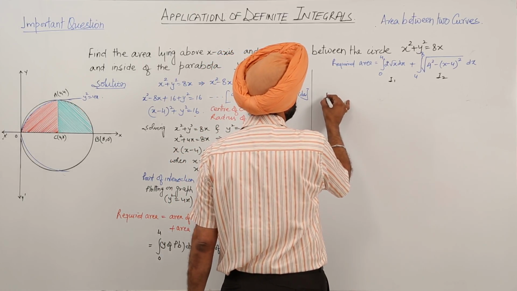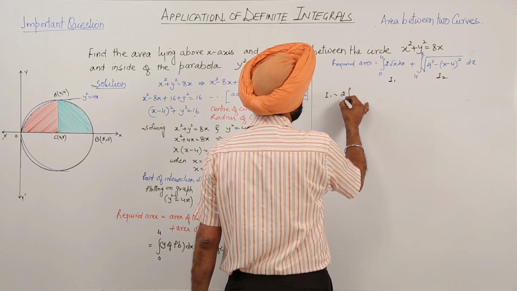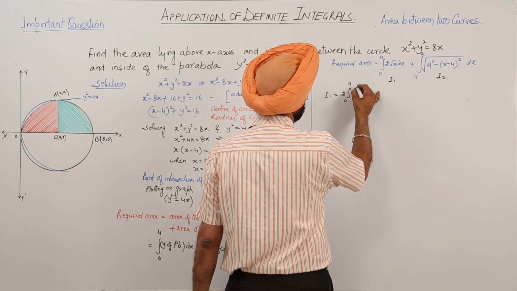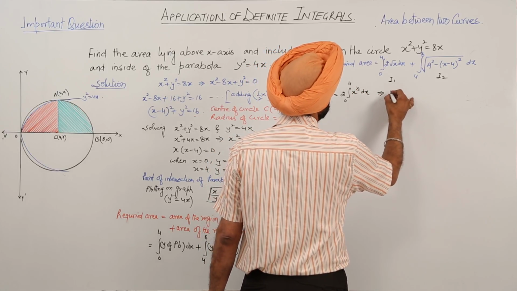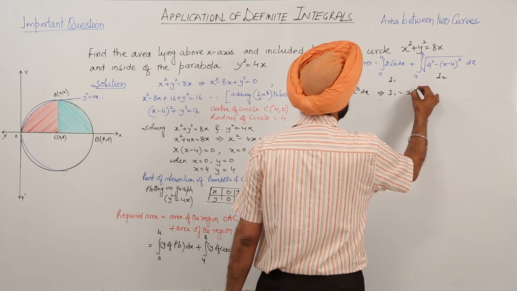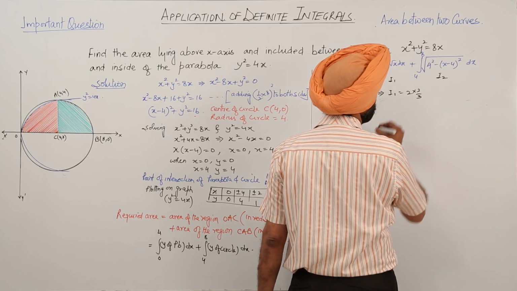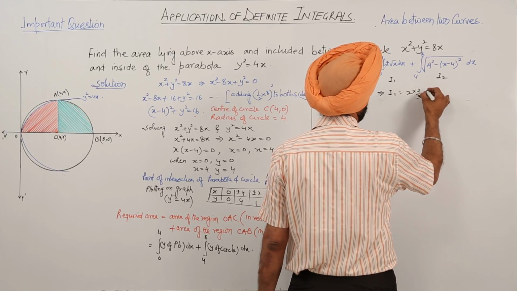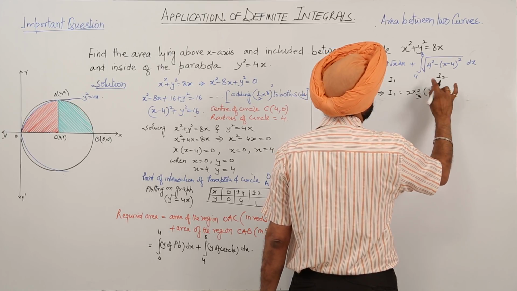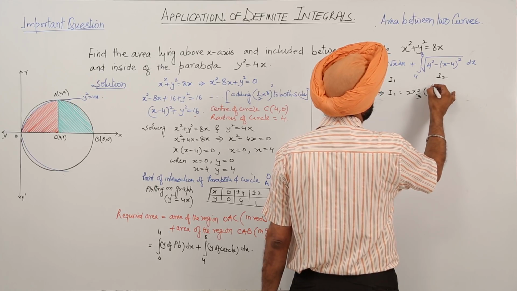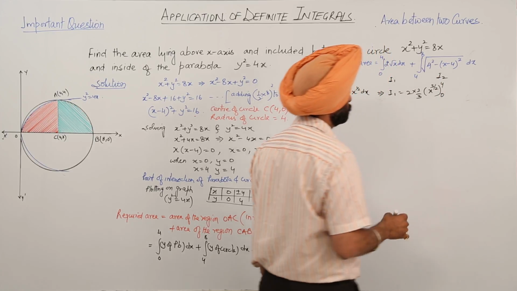So I1 is equal to 2 times the integral from 0 to 4 of x raised to power 1 upon 2 dx, and this implies I1 is equal to 2 into 2 by 3 x raised to power 3 by 2 from 0 to 4.